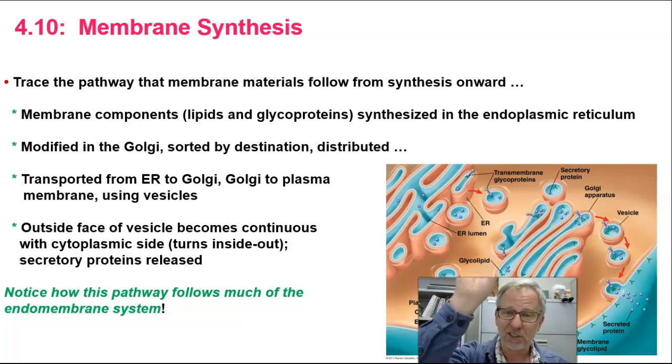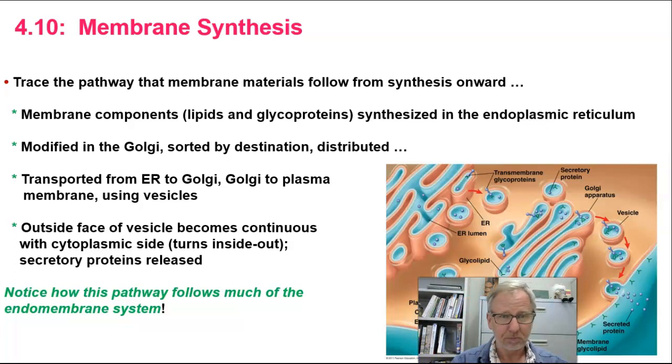So, green asterisks, boom, boom, boom, boom. Membrane components, like lipids, phospholipids, cholesterol, and proteins, including glycoproteins, are synthesized, you know where, the endoplasmic reticulum. Those are our factories where these organic molecules are being made.